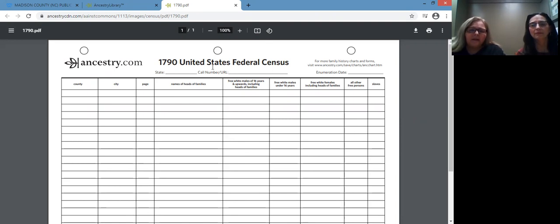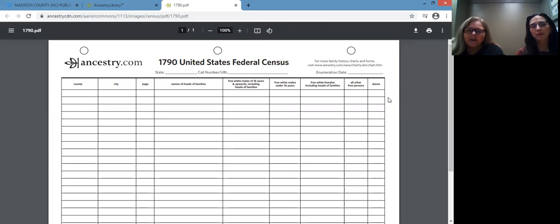And then it would say free white males of 16 years and upwards, including heads of families. And then it would have free white males under 16, white females, including heads of families, and then all other free persons. And then the last one, what does that say?